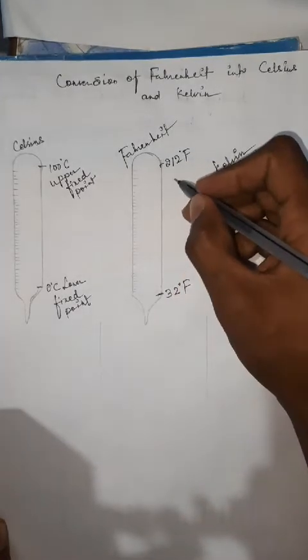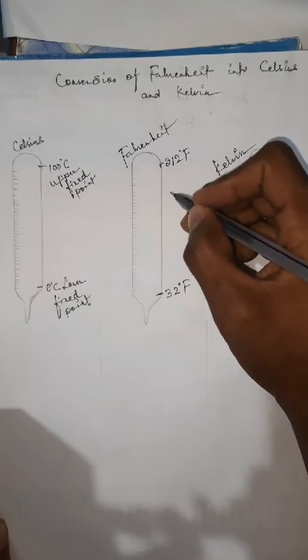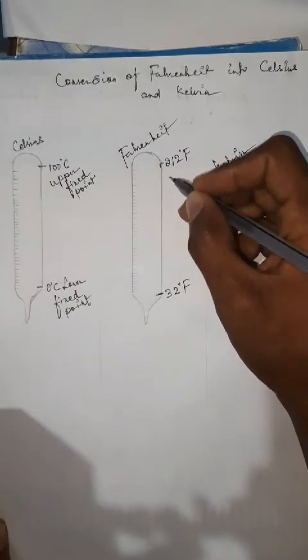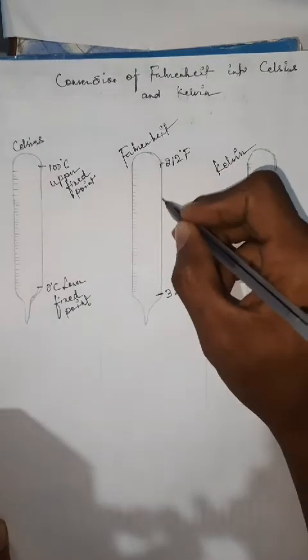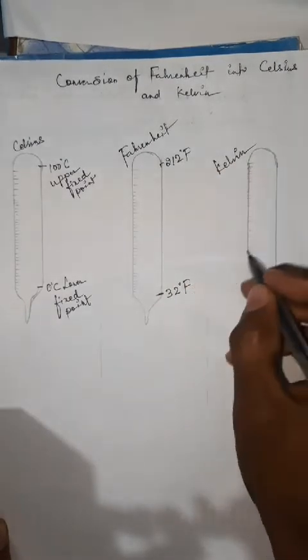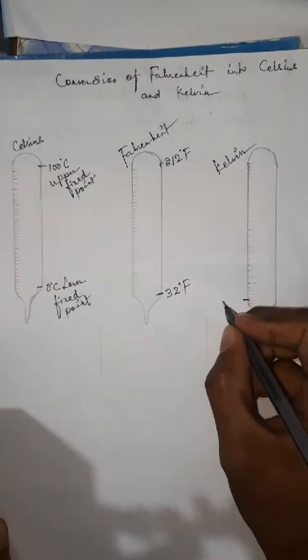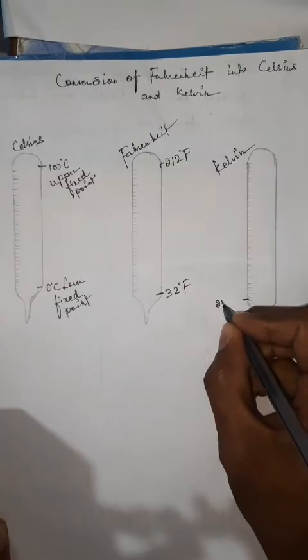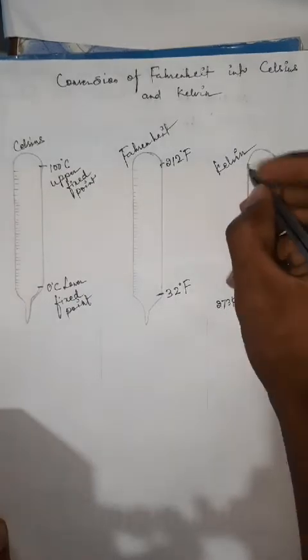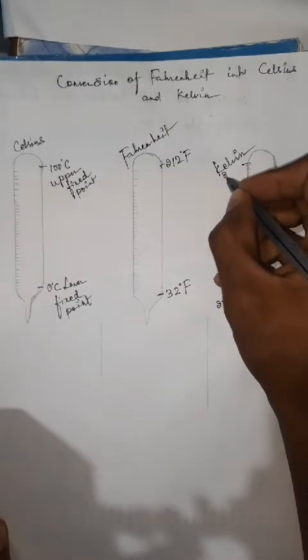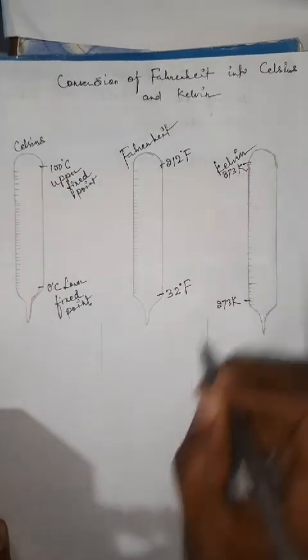So in Fahrenheit scale, this distance is equally divided into 180 equal divisions. In Kelvin scale, the freezing point of water is 273 Kelvin, whereas boiling point is 373 Kelvin.